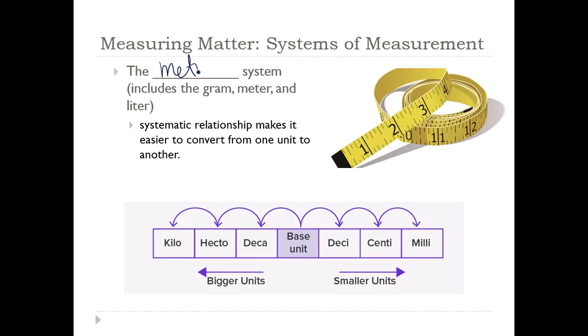The metric system includes the gram, the meter, and the liter as base units, and a systematic relationship makes it easier to convert from one unit to another, simply by moving the decimal place.